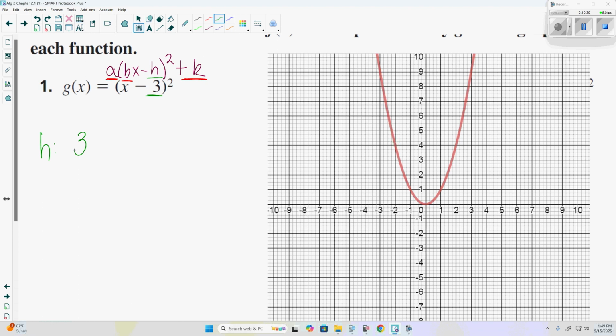Here, the positive 3 is our h value because that minus sign matches up to the general form. So that tells us that this function is moving right 3. Questions on this here?